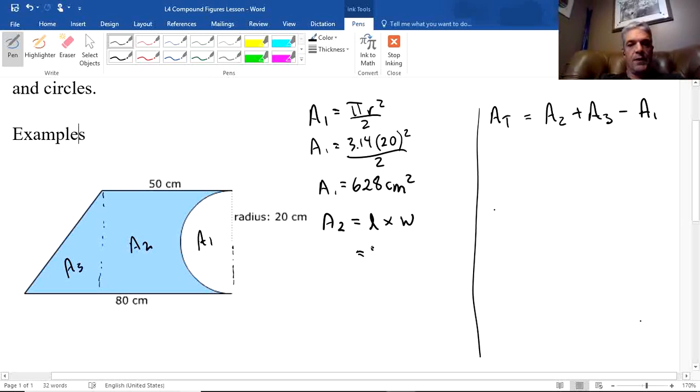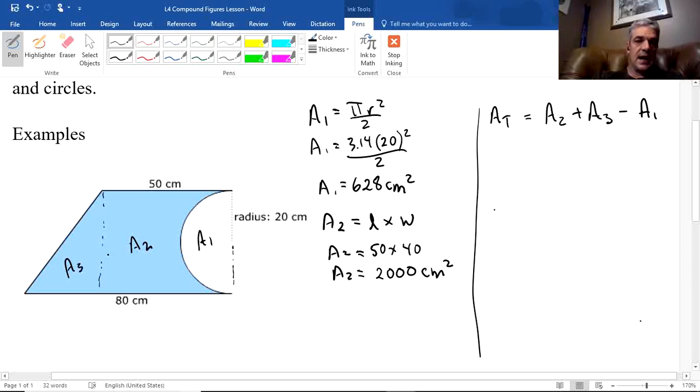So it's 50 times 40, and that works out to 2,000 centimeters squared. Notice how I'm always keeping my units in there. Sometimes it's good to ask, does that area look bigger than the semicircle? Well, I hope it is because the semicircle fits in it. So at 2,000, we know we're pretty much correct.